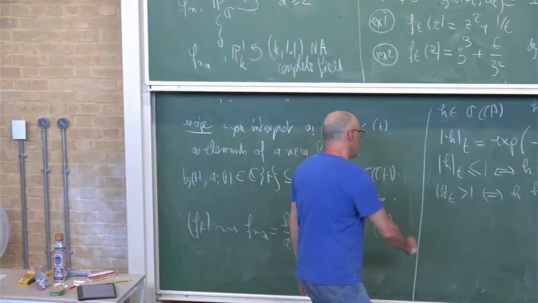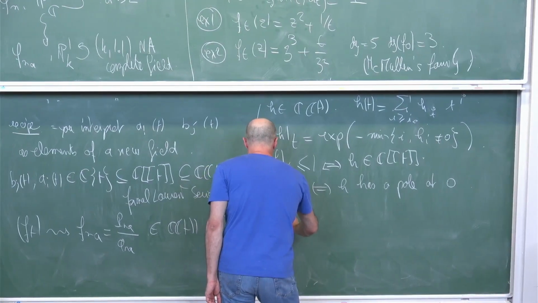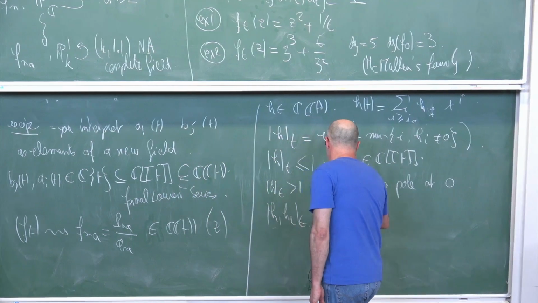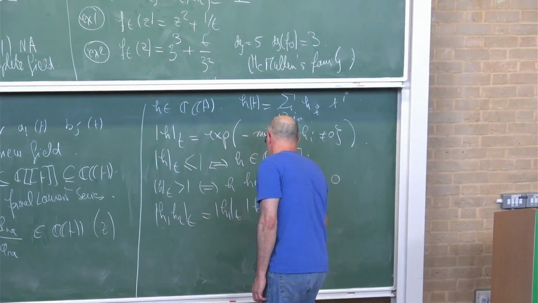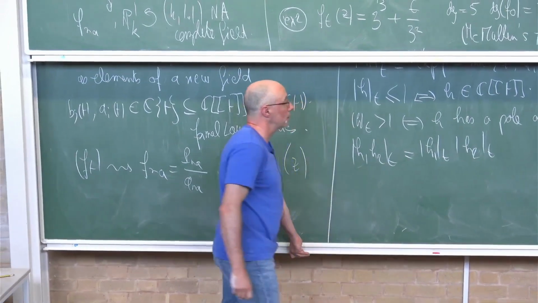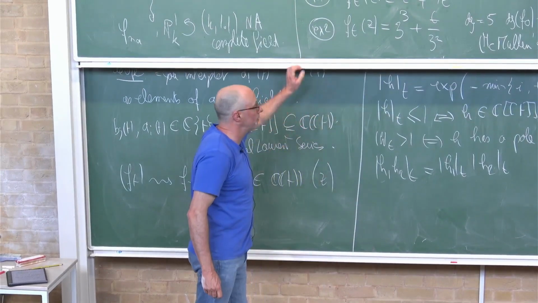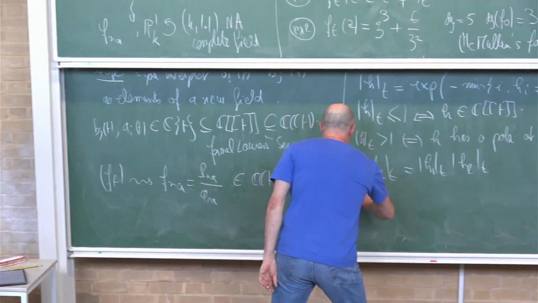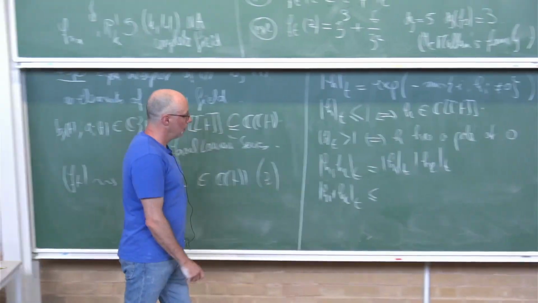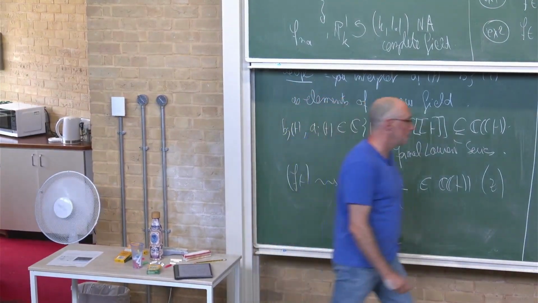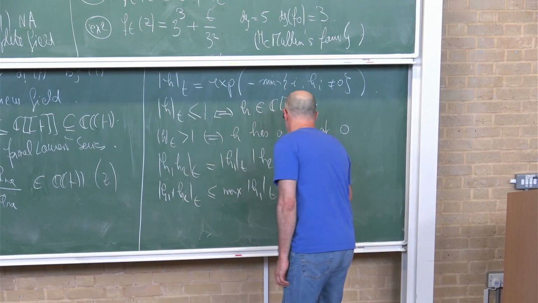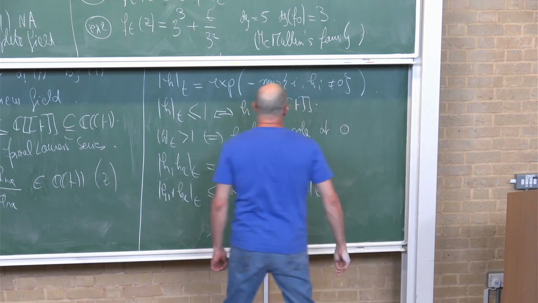Okay, and then I let you check that the norm of H1 times H2 is multiplicative. The norm of a constant is always 1, except if the constant is 0. And it satisfies the strong triangle inequality. The norm of the sum is less or equal to the maximum of the norms of H1 and H2.